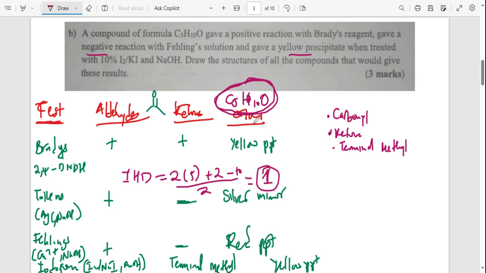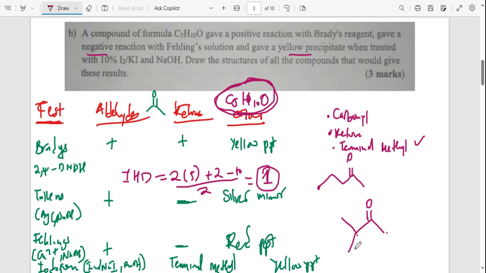So 5 carbons, I can write 1, 2, 3, 4, 5. At the end, I need a terminal methyl, so the double bond I'll put here. I can write another one like so. This is 3 carbons, 1, 2, 3. The fourth one I can write here, the fifth one I can write here. So these are the possible structures that I'm able to draw for this one. I can't derive any more apart from these.